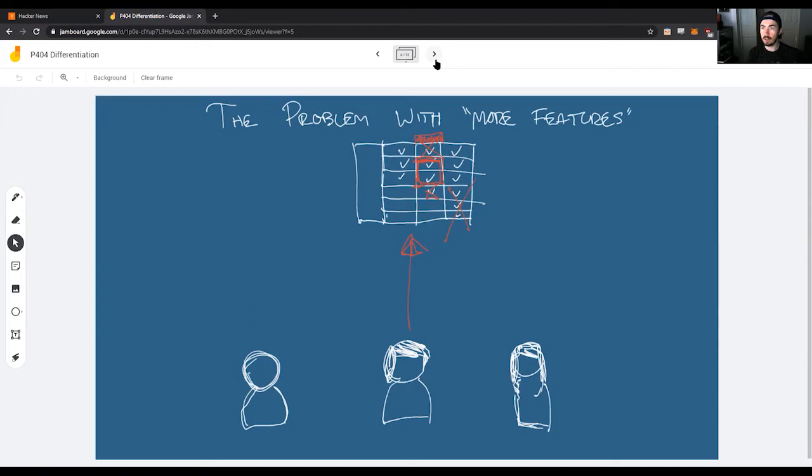We're getting to a point with technology where we can reposition those features a little bit better. But in any case, this is the problem with more features: the more you add to this list, the more you are telling potential customers, we have a lot of irrelevant things in our product. These are not relevant. This might have more than you need, right?